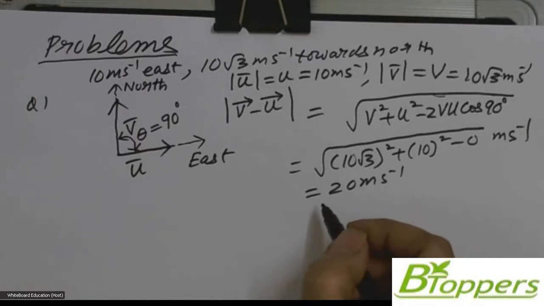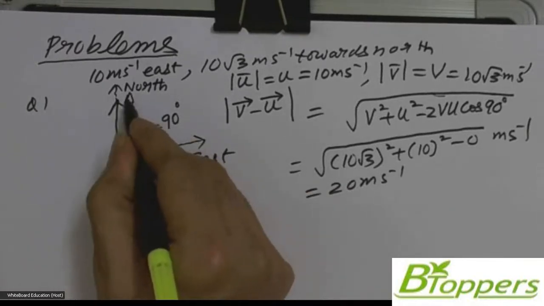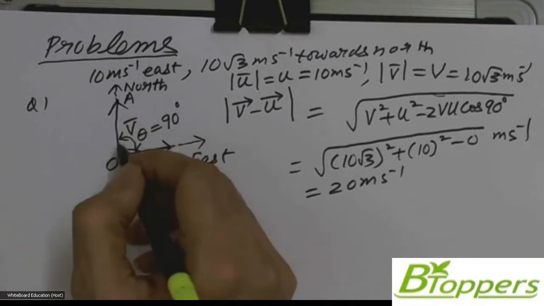To find the direction of the change in the velocity vector, we can follow the same graphical method which I explained earlier for finding the difference of two vectors a bar and b bar. Here the directed line segment OA bar represents the final velocity vector v bar.